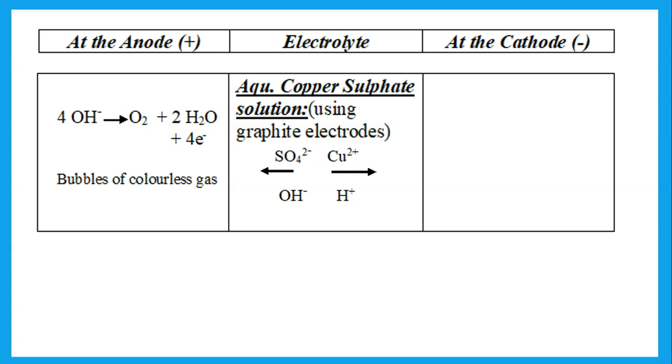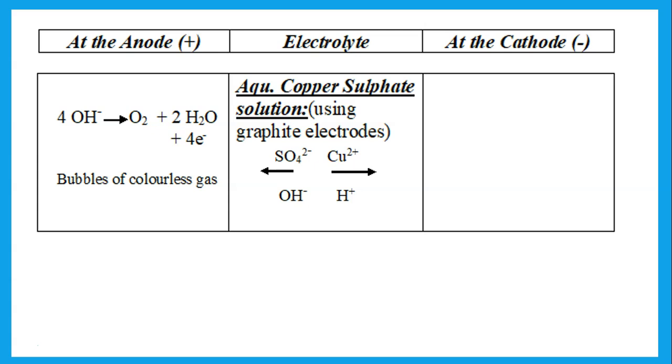Now, what about at the cathode? At the cathode, which one is going to react? We're comparing between copper ions and H plus. Remember, we said in the electrochemical series or in the reactivity series, the one that is down is the one that reacts in electrolysis. So which one is less reactive, or which one is at the bottom of the reactivity series?